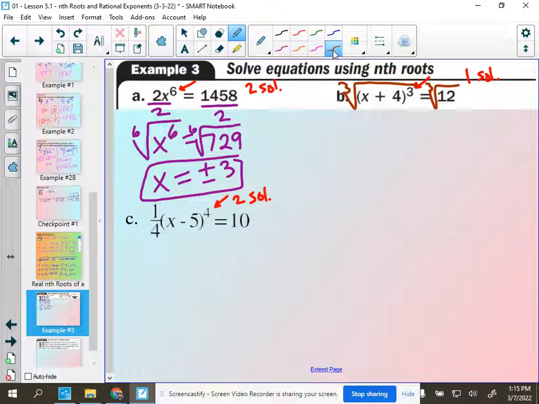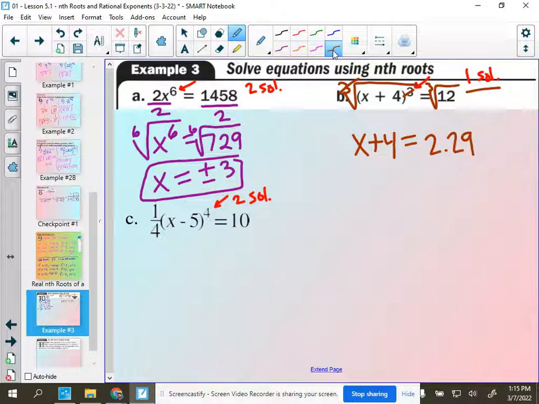That's for a different lesson though. The cubes are going to cancel. I'm left with x plus 4 equals, and we already said, 1 solution. Do not set this up as plus minus over here. On my calculator, I'm going cube root, so I have to change my index to 3. The cube root of 12, if I round to the nearest hundredth, is 2.29.